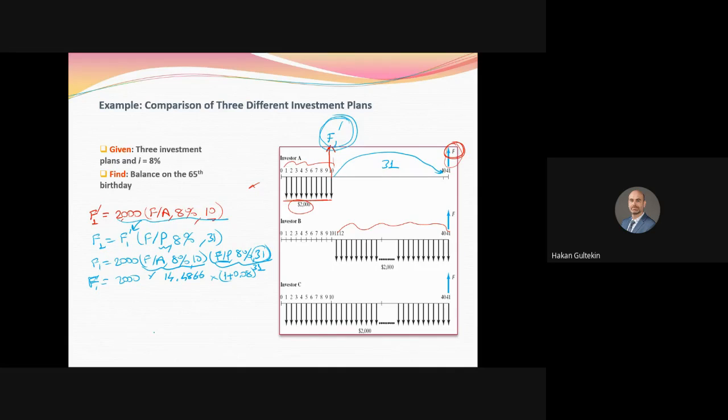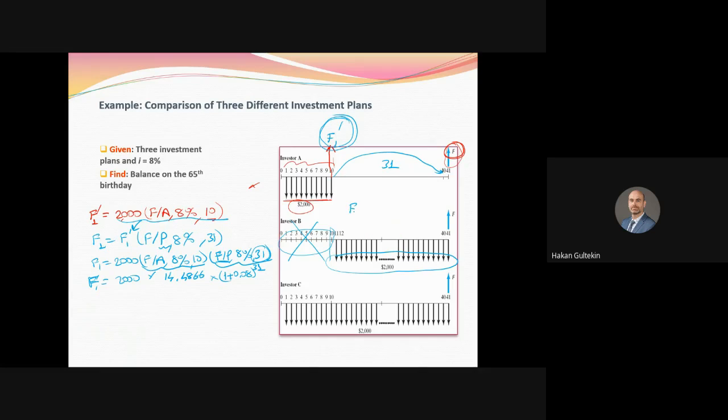What about the second one? How do we calculate the second one? And look, we don't have any payments in the first 10 years, but we have these deposits for the following 31 years. So actually, you don't need to consider this part. Just concentrate on the rest.